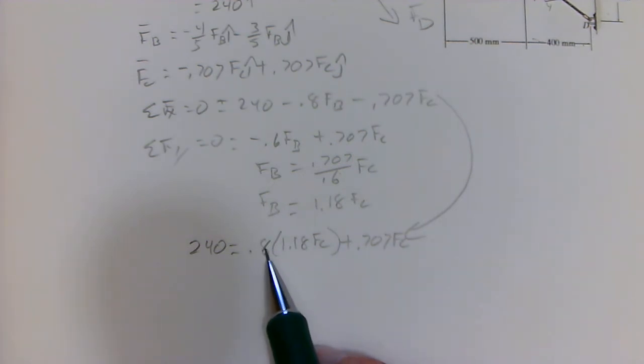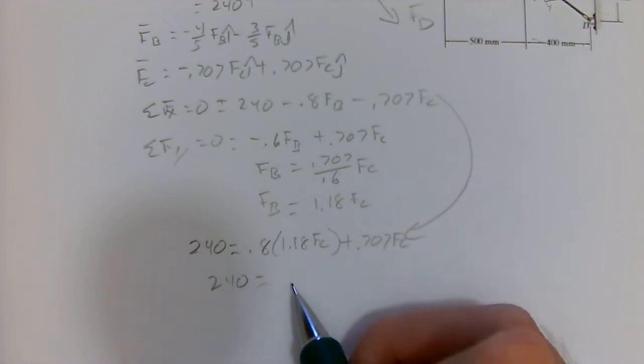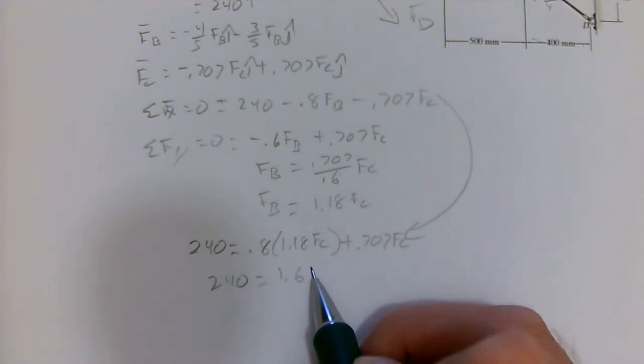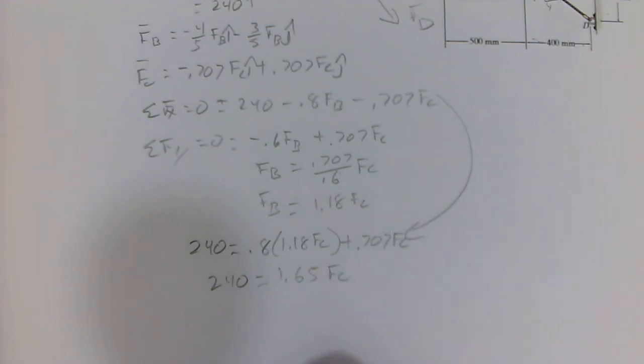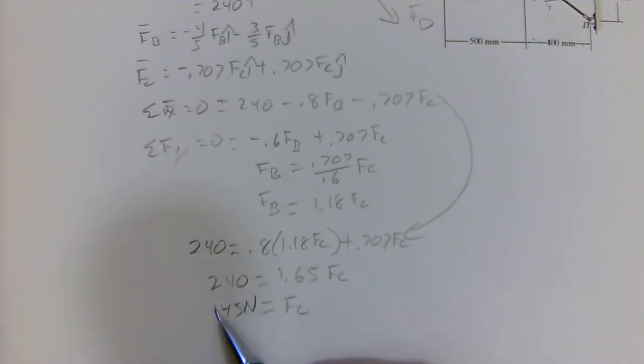So we multiply that and then combine, and we get 240 equals 1.65 FC, and then FC is equal to 145 newtons. Putting 145 into there, FB is equal to 171 newtons.